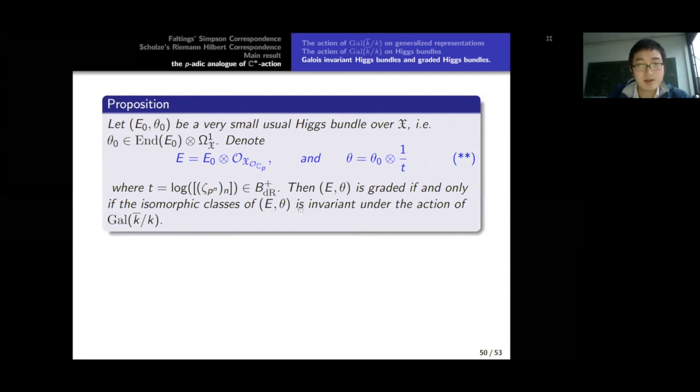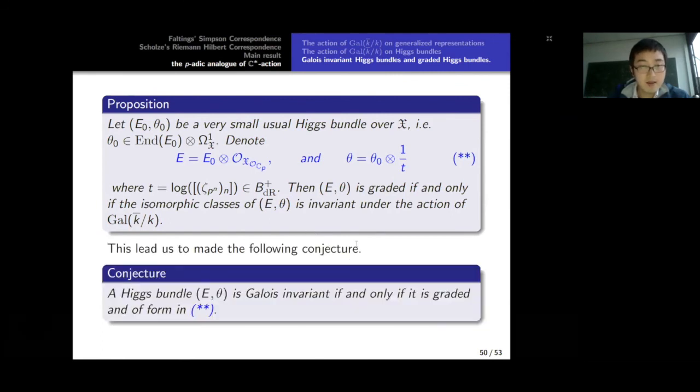So this (E, theta) being invariant means that (E, theta) is isomorphic to (E, a constant multiple of theta). And by the classic Simpson's argument, we get that (E, theta) is graded.